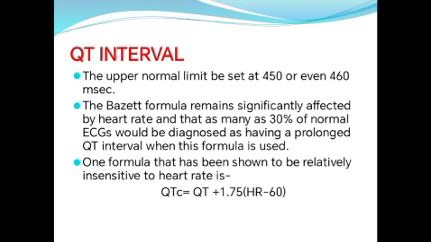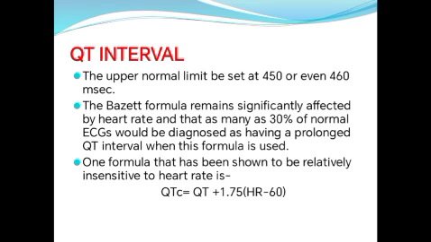We have another formula which is relatively insensitive to the heart rate. It is like that: the corrected QT interval equals the QT interval plus 1.7 multiplied by the heart rate minus 60.